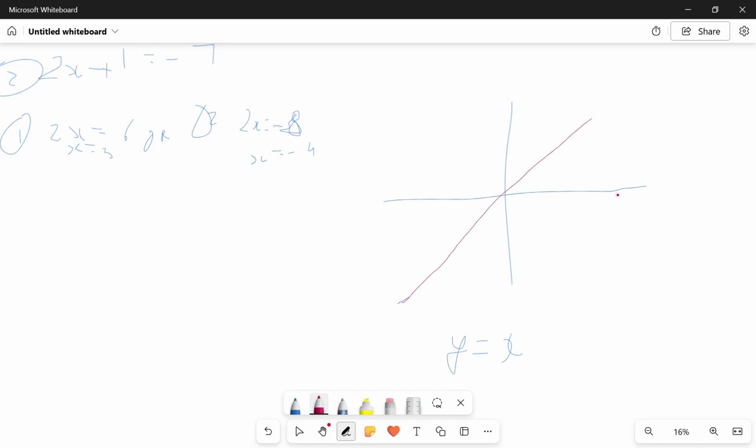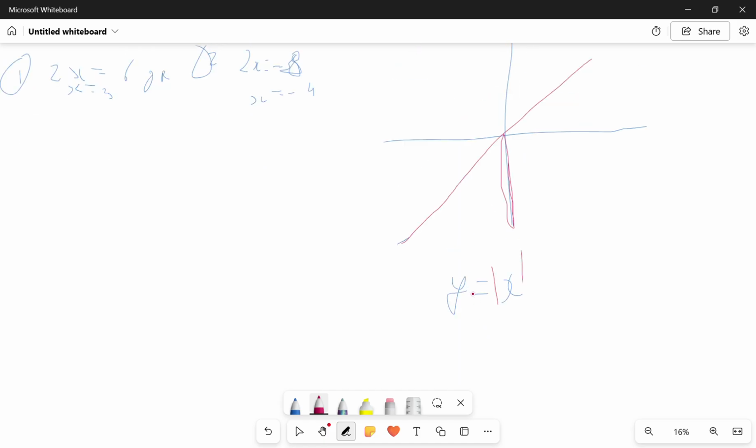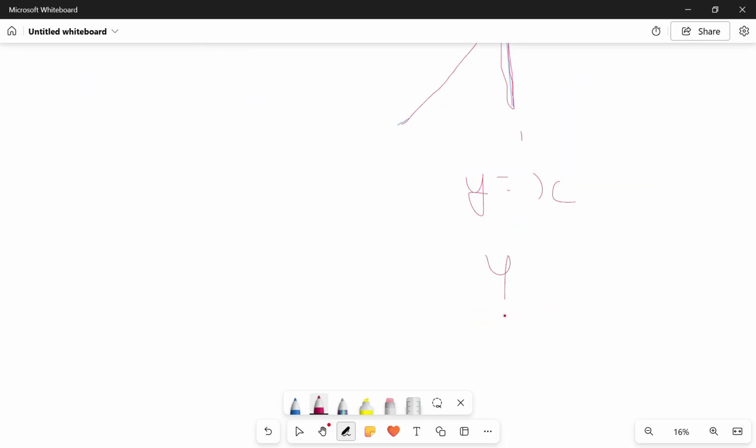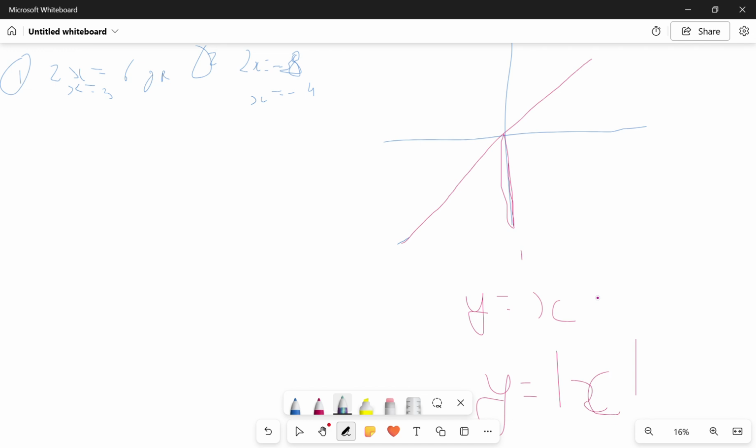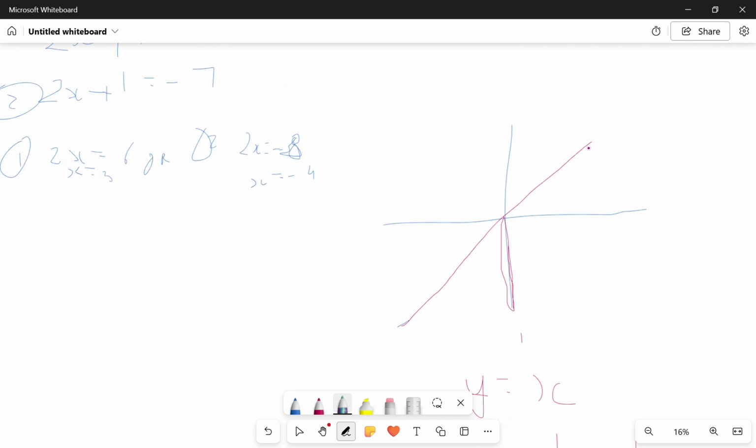But in y is equal to x we can have negative values, while in y is equal to absolute value of x, y cannot have negative values because the absolute value of a negative value is a positive value. Therefore this area reflects back. So this is the graph of y is equal to absolute x.